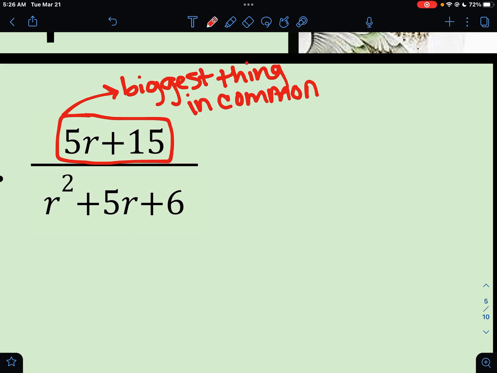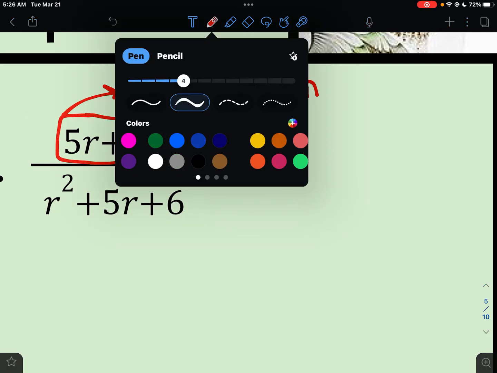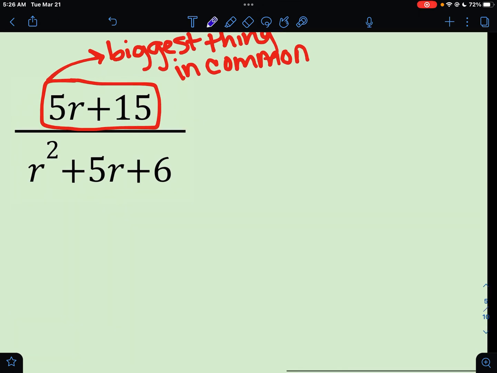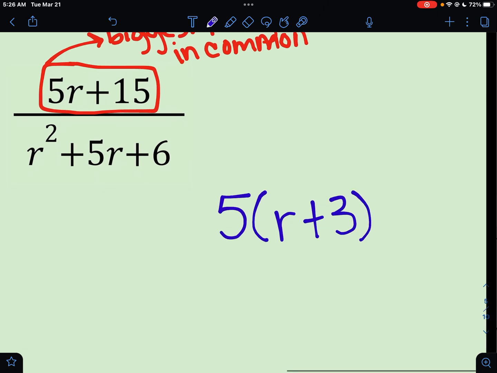Okay, so it looks here like these two, the biggest thing they have in common is a 5. So I'm going to take that out and then divide what's left divided by 5 and put that in the parentheses.